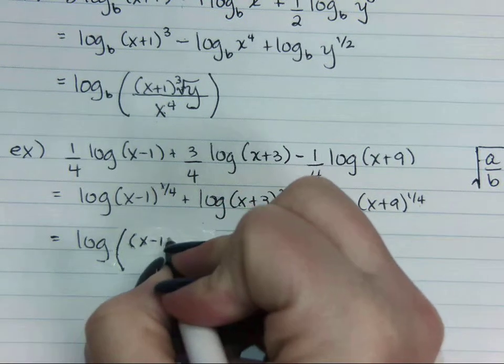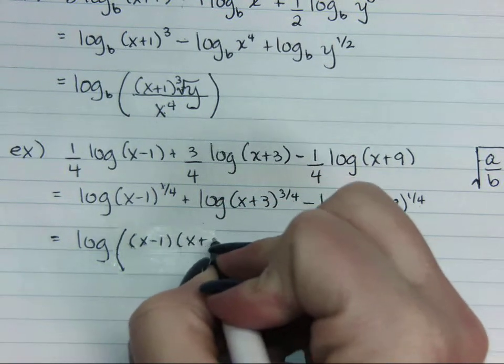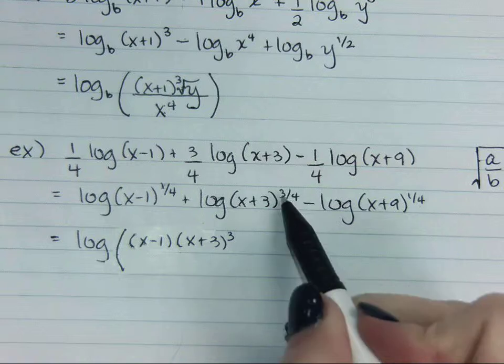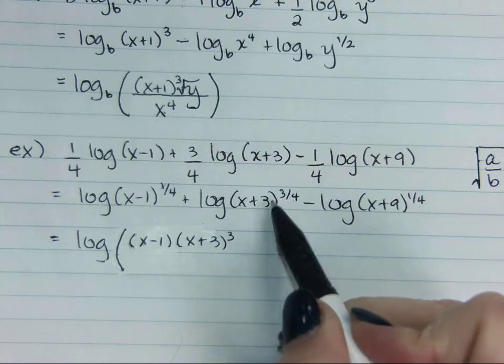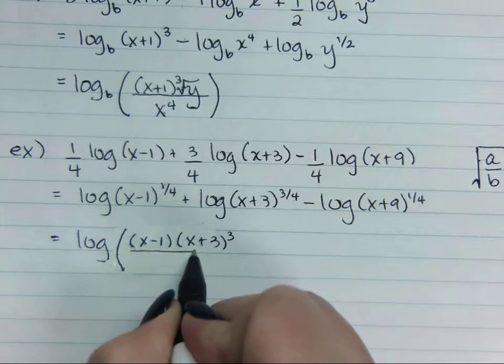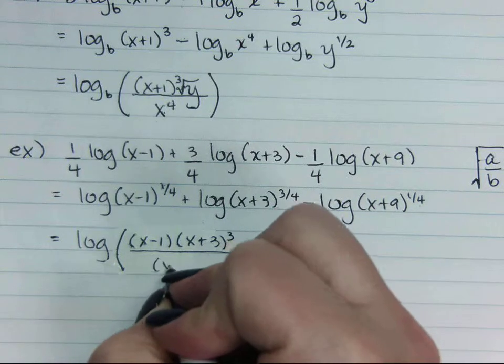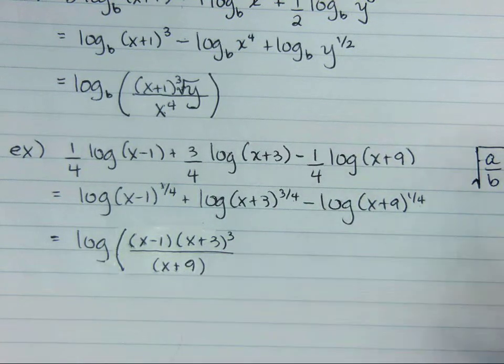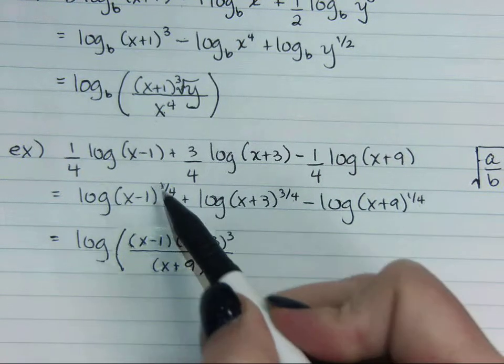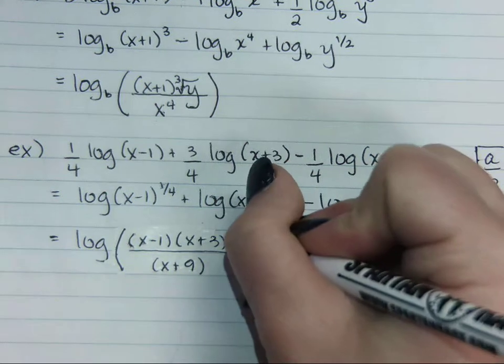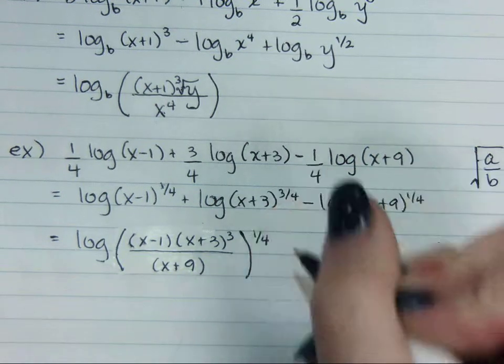So x minus 1 times the x plus 3 to the 3rd power. So again, I need to keep the numerator attached to that factor. And then in the denominator, I'm going to have my x plus 9. And so each of these that have just a 1 in the numerator is going to leave me a 1 here. And then I'm going to leave my 1/4 power.